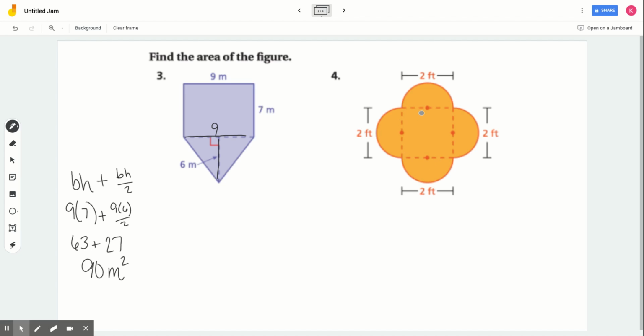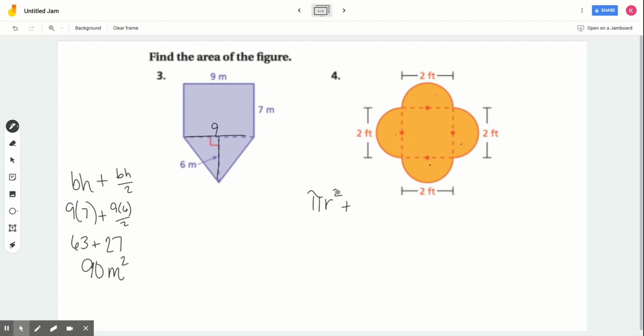Now, when I look at number 4, I see a square in the center and I see 4 semicircles. What I know about semicircles is that 2 of them make up a whole circle. So remember that the area of the circle is pi times radius squared. But I have 2 full circles.